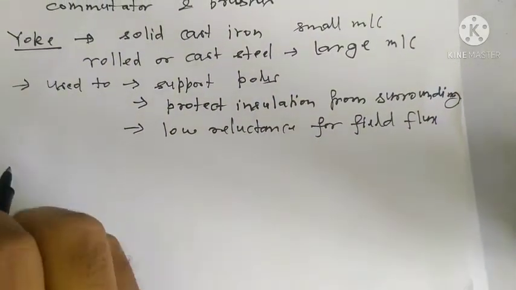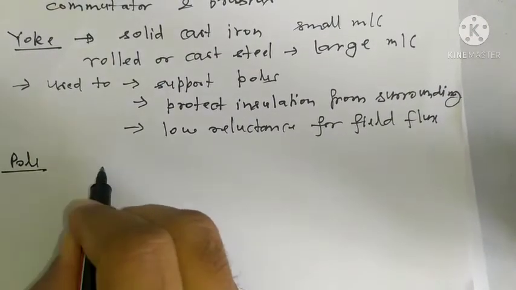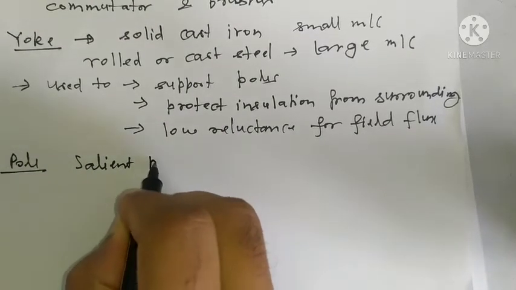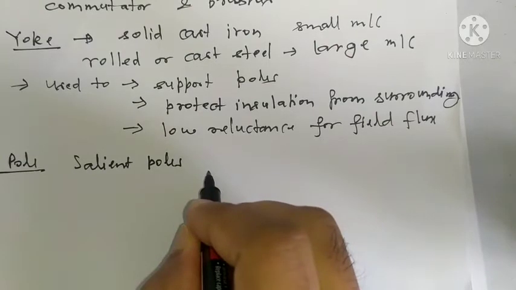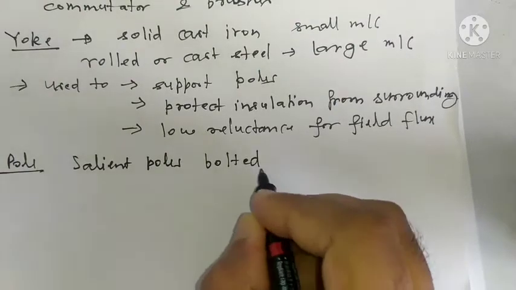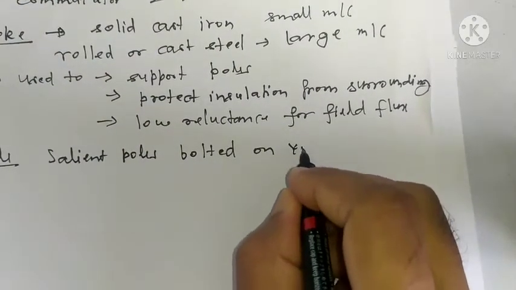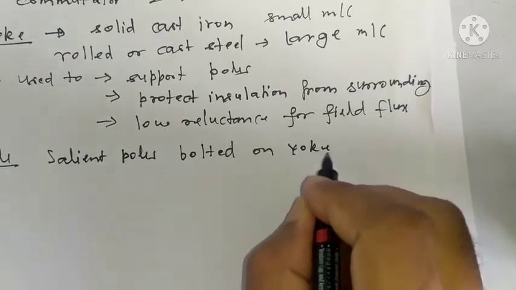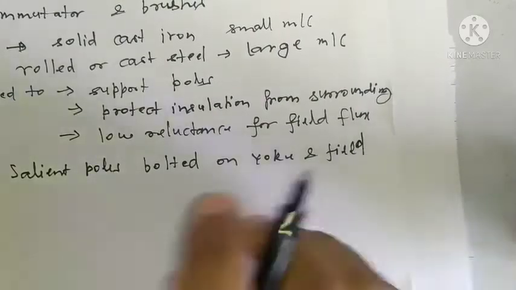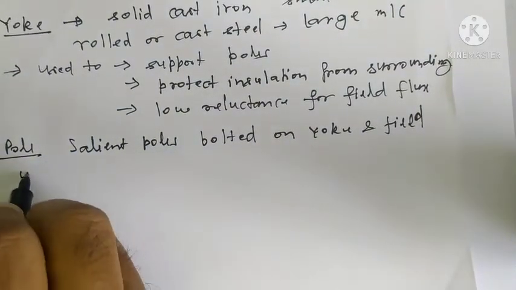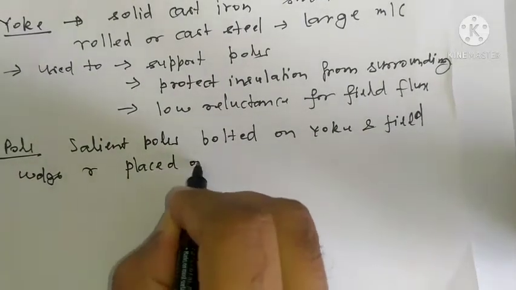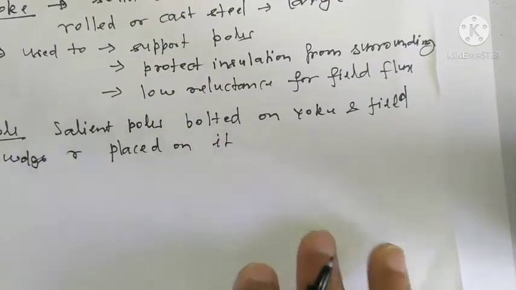The next part of the machine is the pole. These are salient poles, which are bolted on the yoke, and field windings are placed on them.